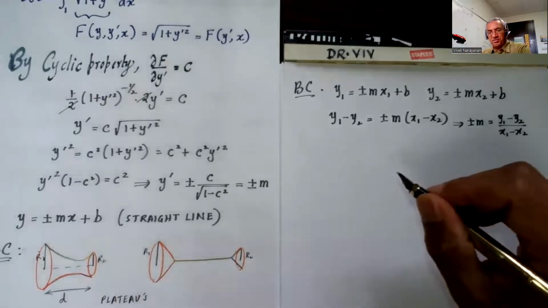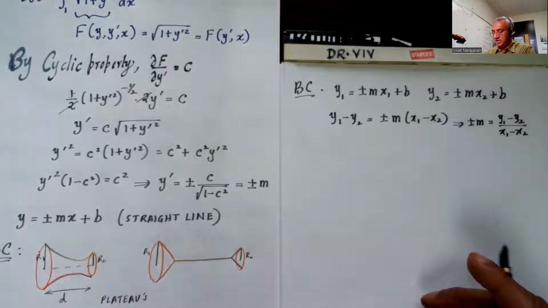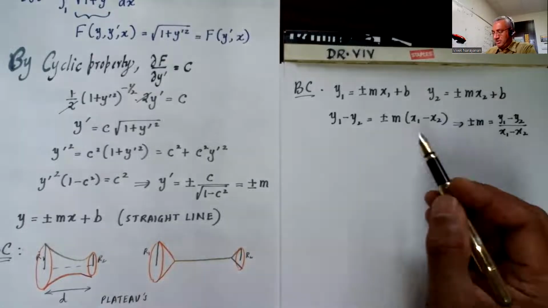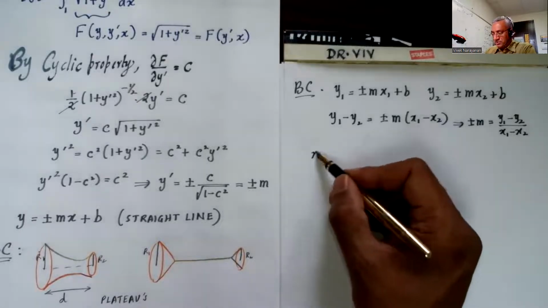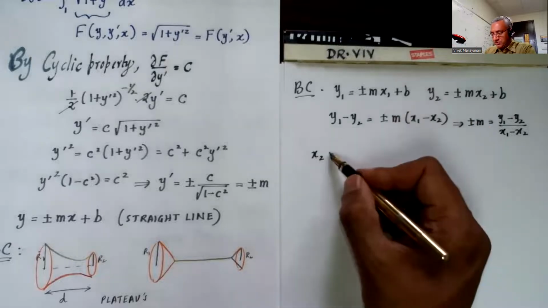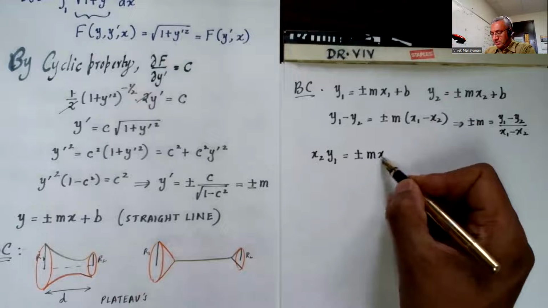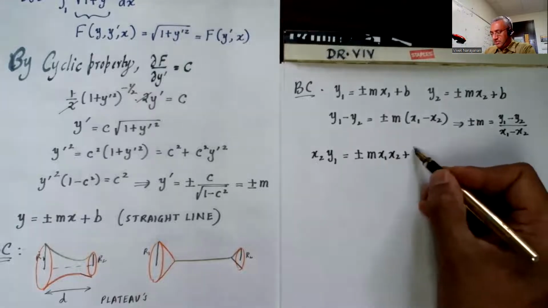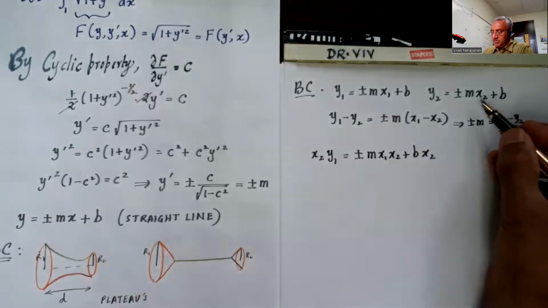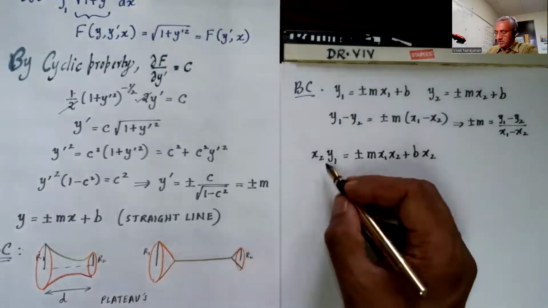Now to find the constant b, you can of course substitute this into one of the equations and solve it, but that leads to, I think, messy things. So I always like to do something slightly different. I'll multiply the first equation by x2. So I'm going to get plus or minus m x1 x2 plus b x2. And I'll multiply the second equation by x1. I'm trying to get rid of m.